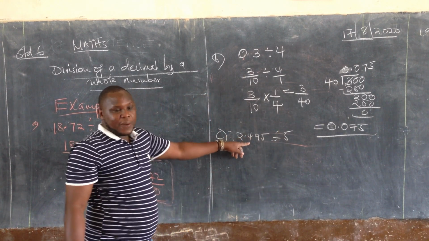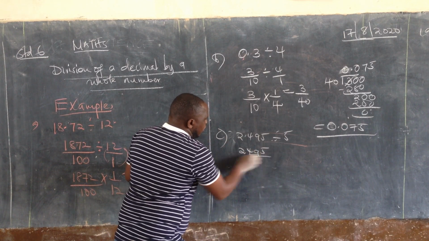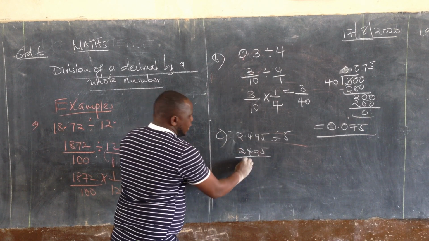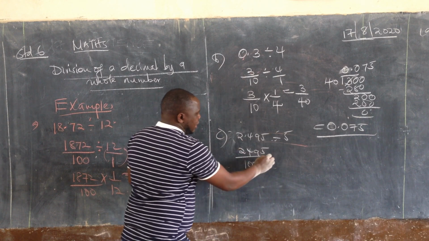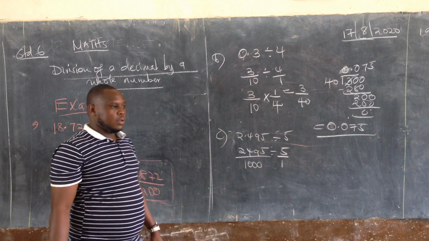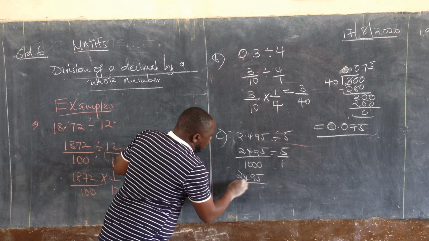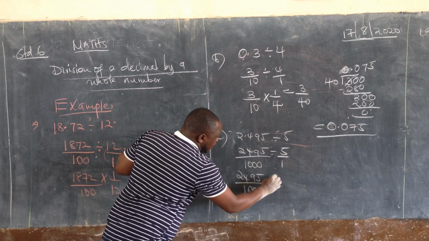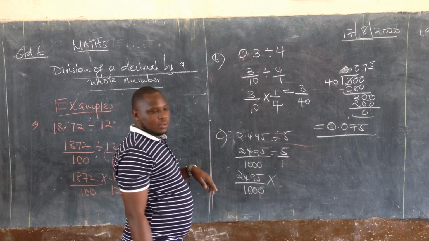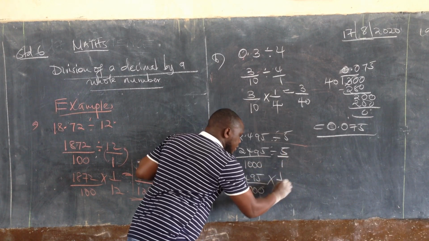So first we make a fraction, so this is 2.495 over 1, and a number with 3 zeros, that is 1,000. Now divide by 5 over 1. From there we move, 2.495 over 1,000 times the reciprocal of 5 over 1, which is 1 over 5.